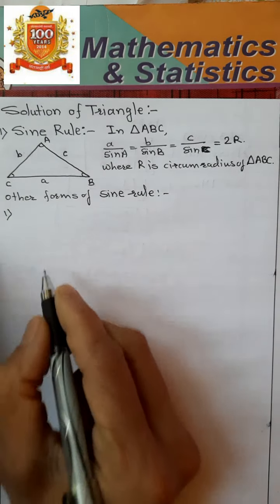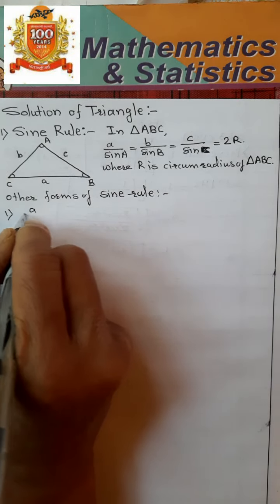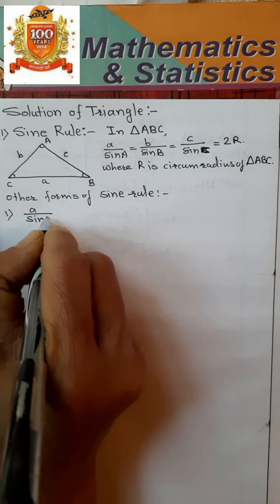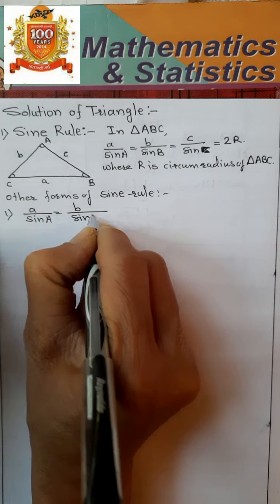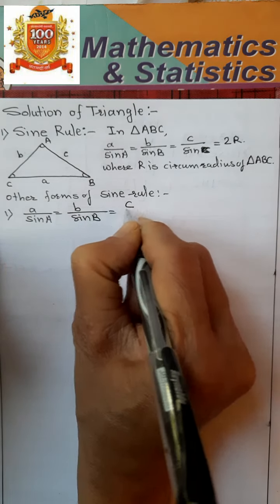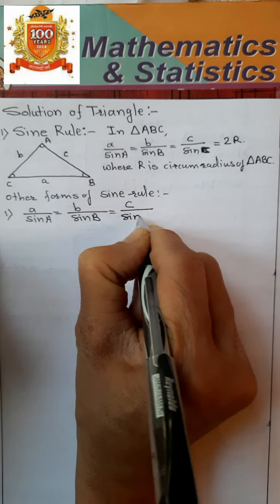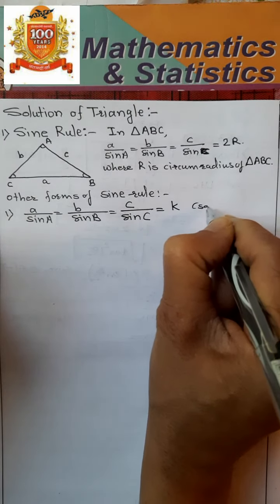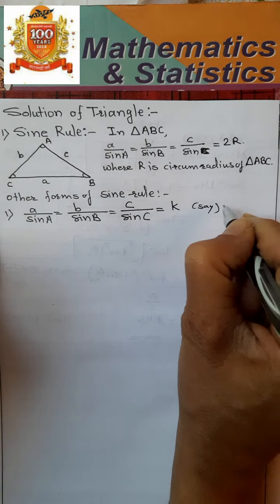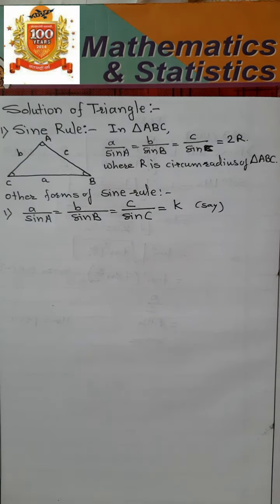One. a upon sine A is equal to b upon sine B is equal to c upon sine C is equal to K. K is constant here.